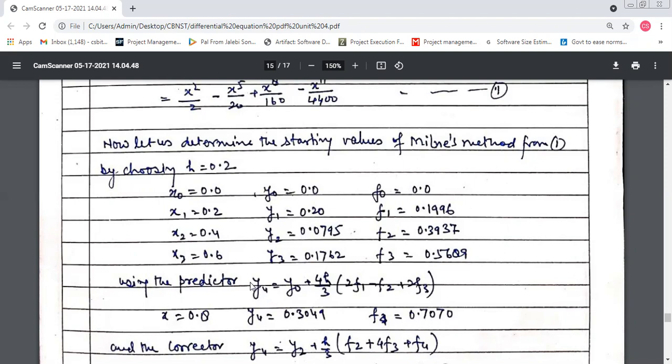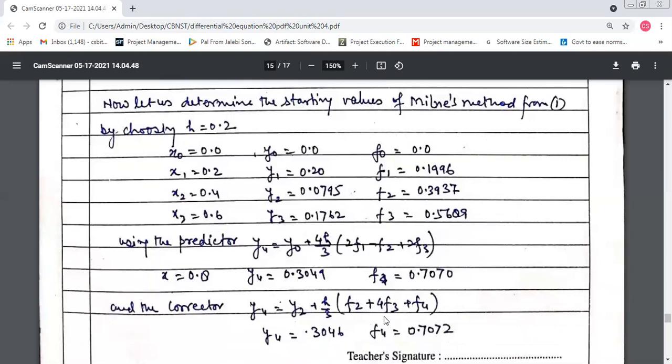Now, this y4 is calculated by putting the values of y0, h, f1, f2, and f3. Whatever value of y4 you are getting corresponds to x is equal to 0.8. And corresponding to x4, that is 0.8, and y4, 0.3049, you are able to calculate the value of f4.